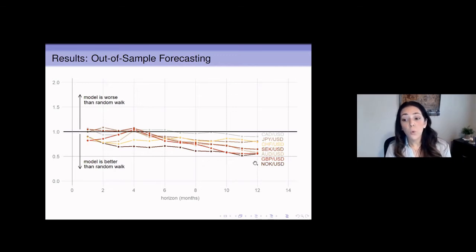However, for the 1 year forecast, my model does better than the random walk for every single currency. And these gains are very significant. So the Canadian US dollar forecast 1 year out is 10% better than the random walk. And then for these currencies it is 45% better. So these gains are quite significant and they hold out of sample.